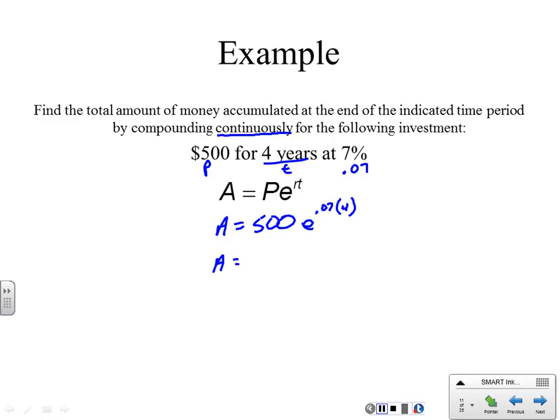I'm just going to type in 500, and then I'm going to hit Shift E, 0.07, and I am going to put that in parentheses, 0.07 times 4, close, equals. And I'm coming out with $661.56.